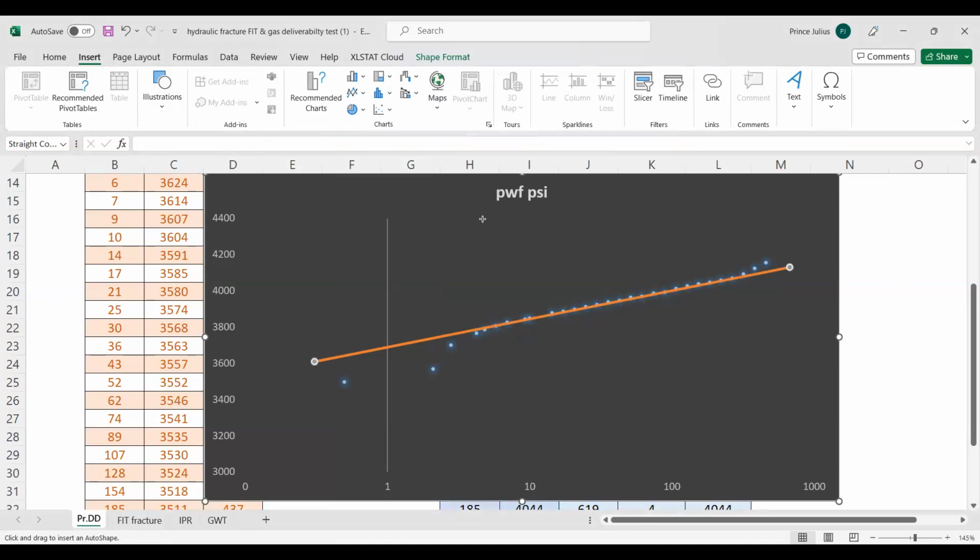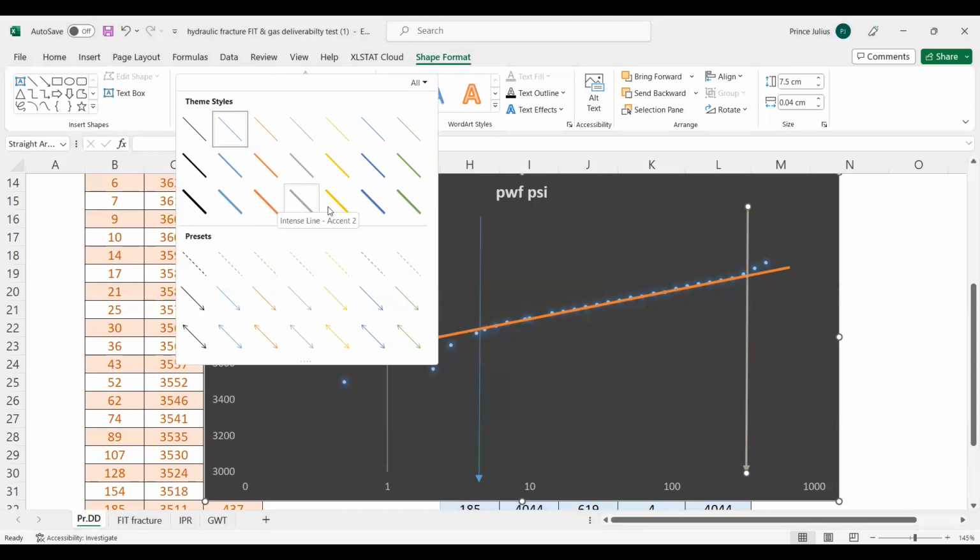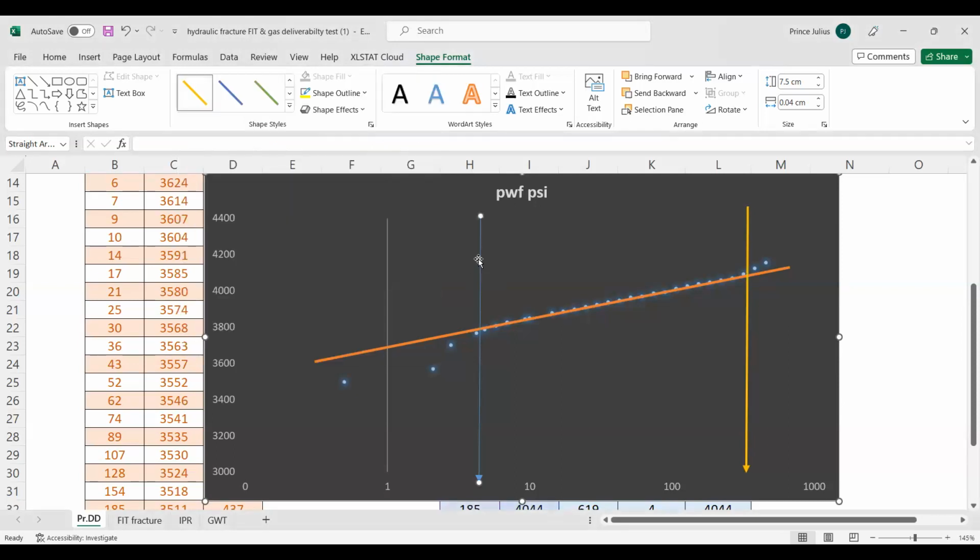This is the point where they started to skip from the starting point. This is one period, and this is the point where it started to observe boundary effect. So the period before blue line, I will change the color of this. Yellow.